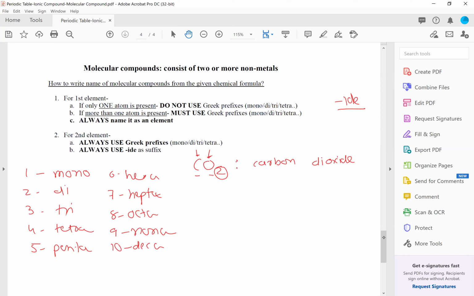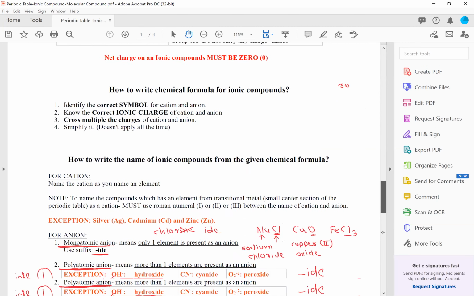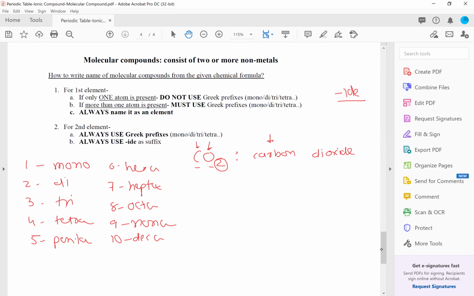All right. But there is only one thing you need to remember for how to name the first element. For the first element, if you just have one atom present, in this case like CO2, where you have just one carbon, then you do not need to use these Greek prefixes like mono, di, tri, tetra.